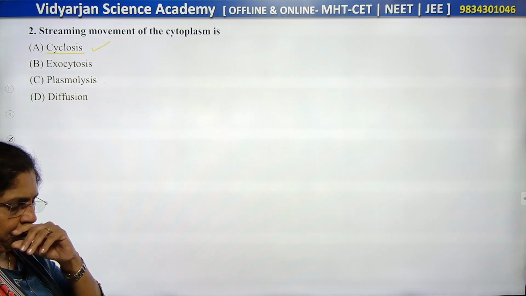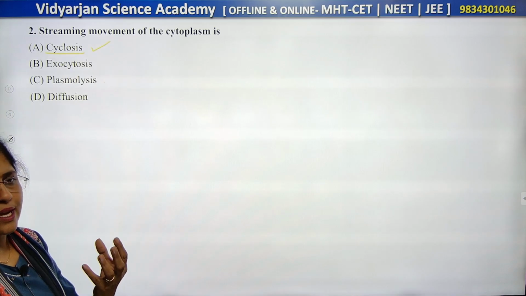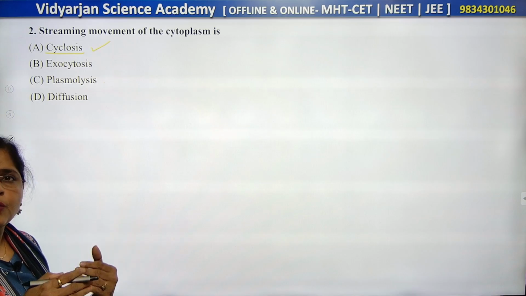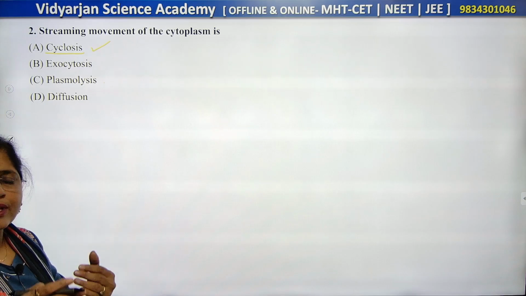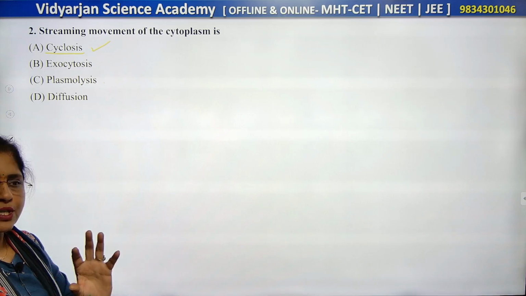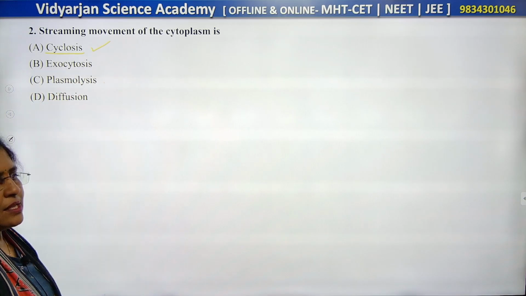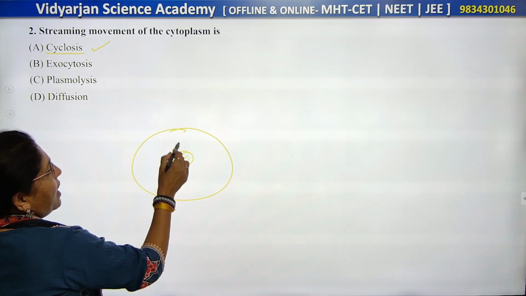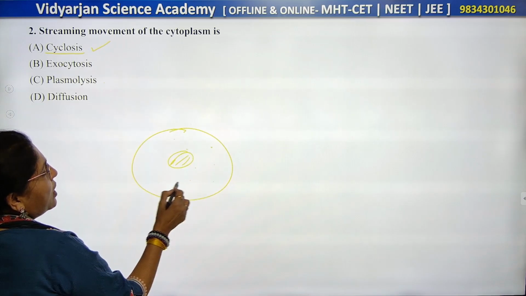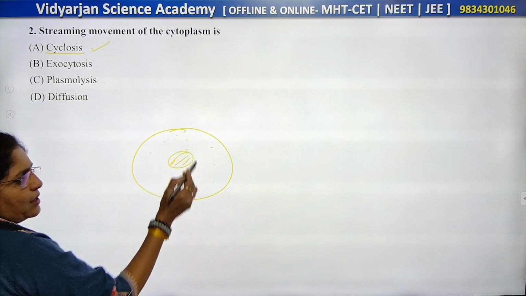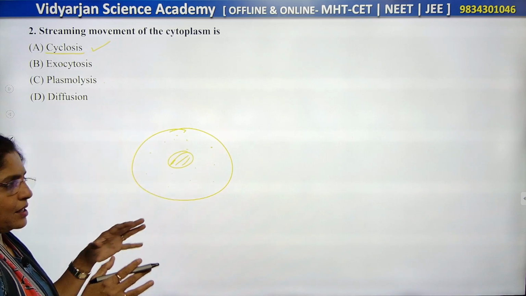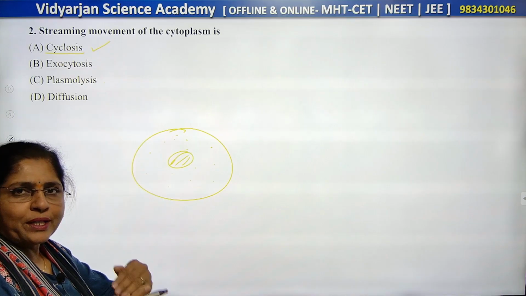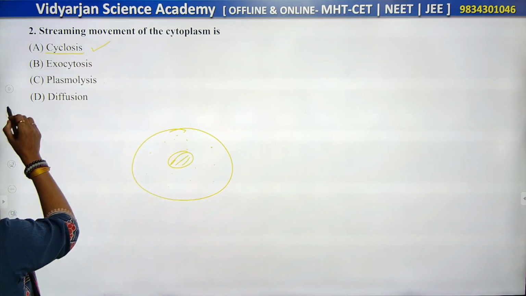You might have seen in water how waves are created whenever there is a flow of water. Similarly, if you watch the cytoplasmic movements in a cell, say this is the cell and this is the cytoplasm, the cytoplasm is semi-solid in nature, and whenever it moves, it is called cyclosis.